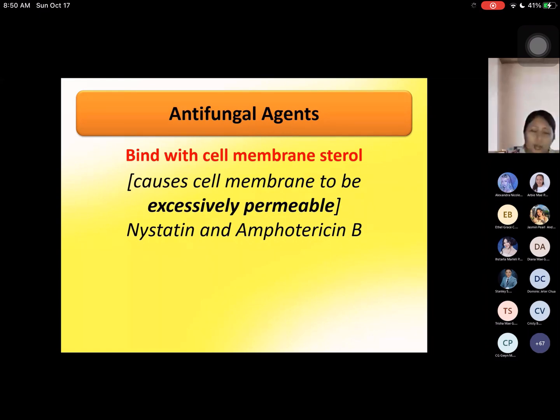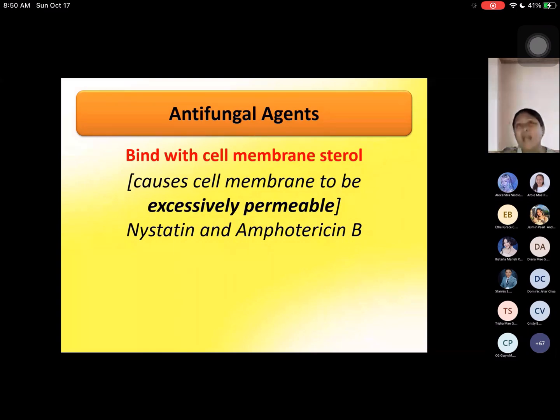For humans, okay, for mammals, they have cholesterol. So the antifungal agent binds to the sterol of the fungus, or in animals, to destroy the integrity of the cell membrane. So they bind in the sterol of fungus or in animals. Okay.